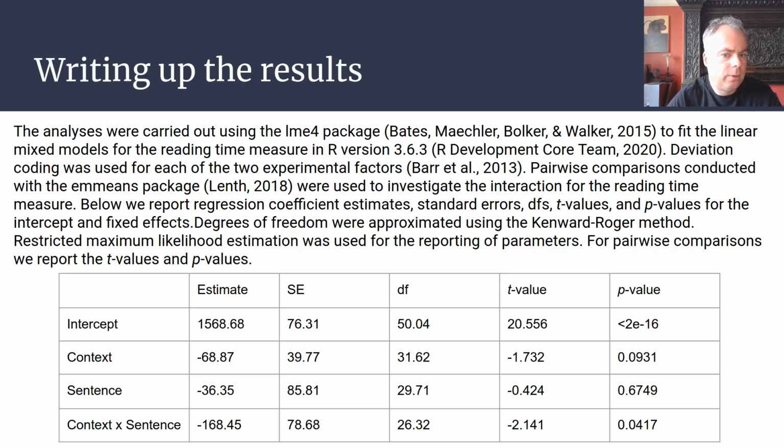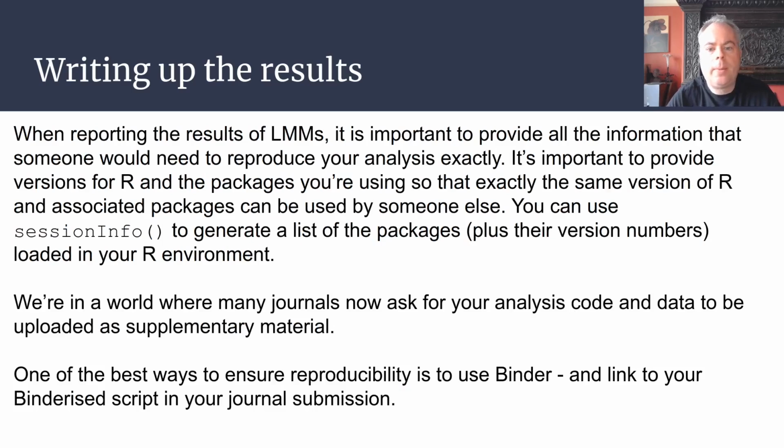So it's important to specify the packages that you've used, the version of R that you've used, and it's also important to cite those packages as well and make it very clear any assumptions you've made or any procedures you've used to analyze your data. Again, it's all about being transparent. Being transparent is about giving the reader all the information that they need in order to make the results section entirely reproducible by somebody else.